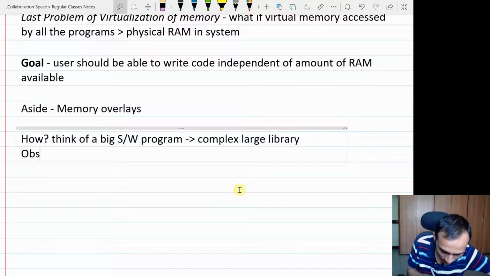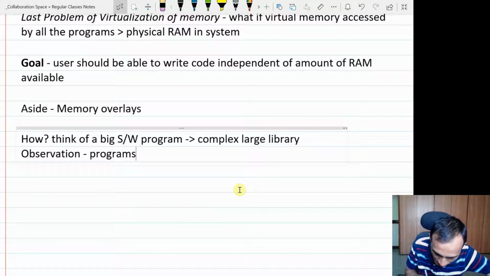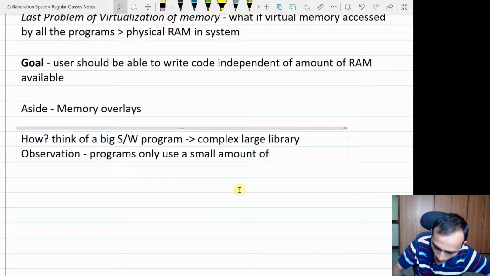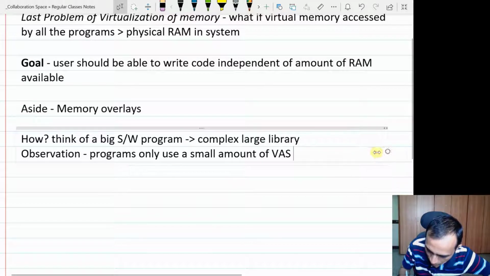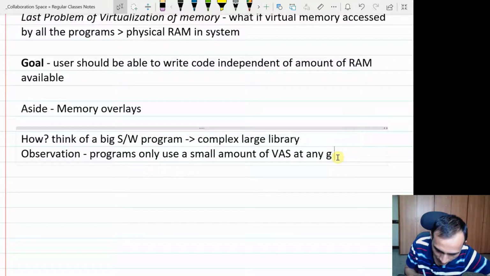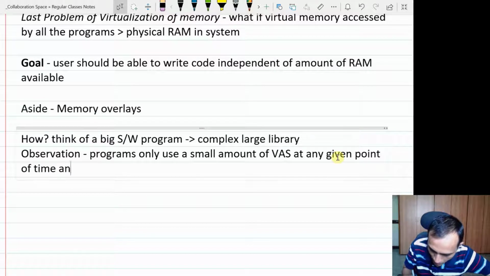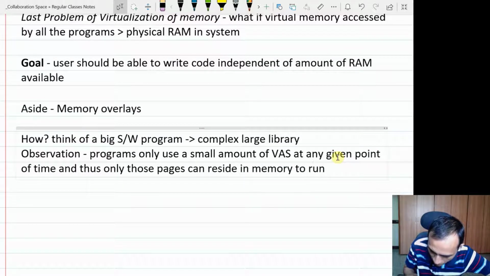So the observation you can make is that even if you have a program with a large requirement of memory, the process only uses a small amount of your virtual address space at any given moment, and so only those pages need to be resident in memory in order to make your program run.